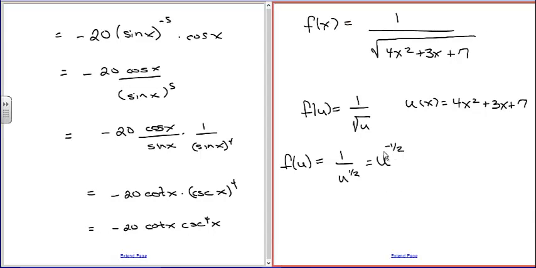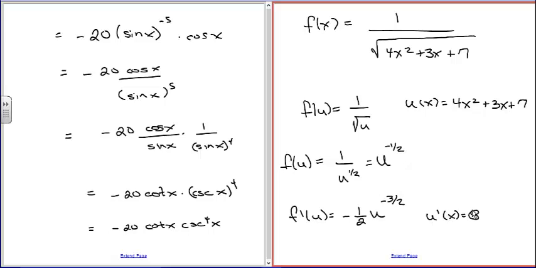Okay. So we have 1 over the square root of something. So we said that was 1 over the square root of u. The 1/2 would be turned to the numerator to get it in the power rule form. So we get f prime of u is negative 1/2 times u to the negative 3/2 power. So I subtract 1 from negative 1/2. And here, just a simple polynomial.